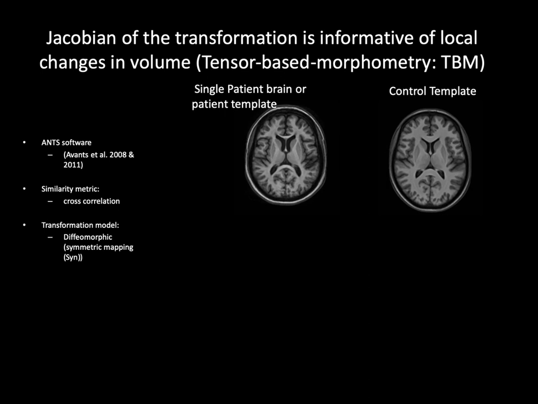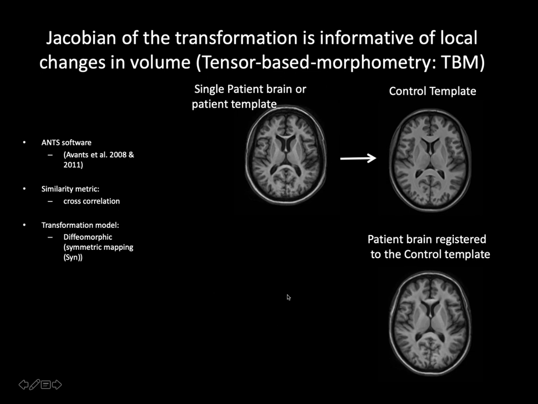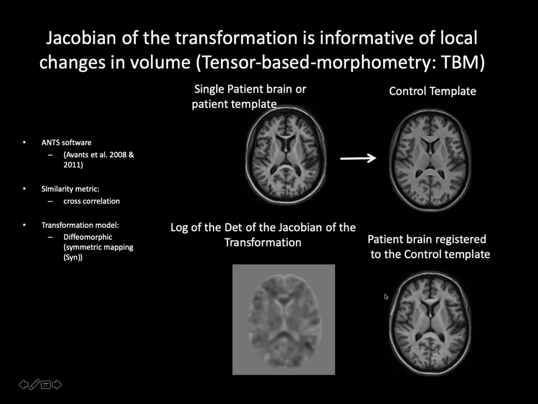And so we can morph this brain into the control template. And then this is essentially the same brain of the patient once it has been morphed into the template as best as we can. And then we can compute this, which is actually the logarithm of the determinant of the Jacobian of the transformation.